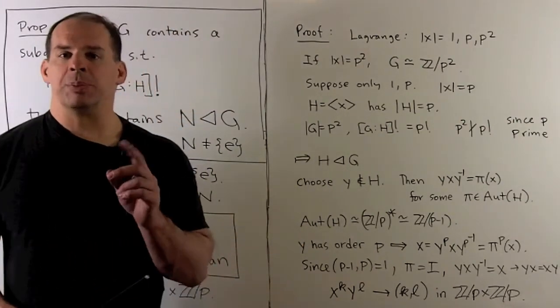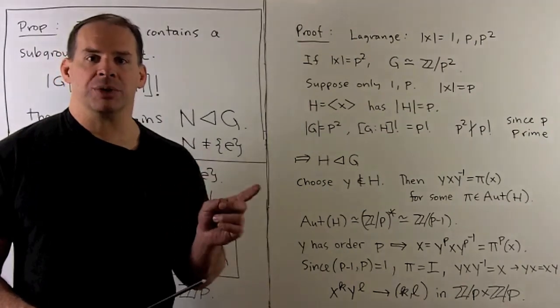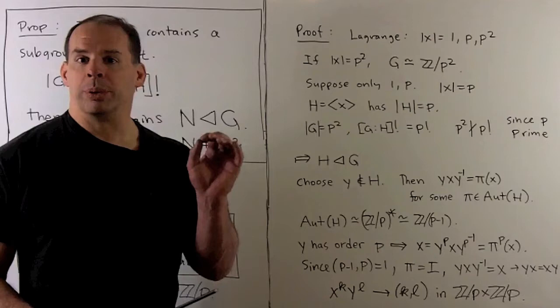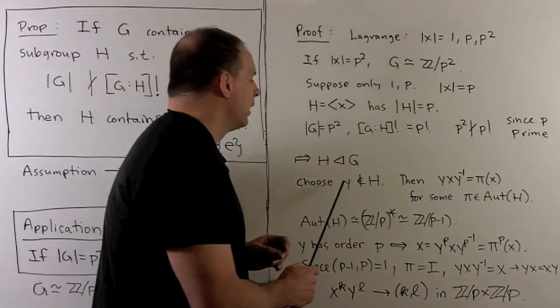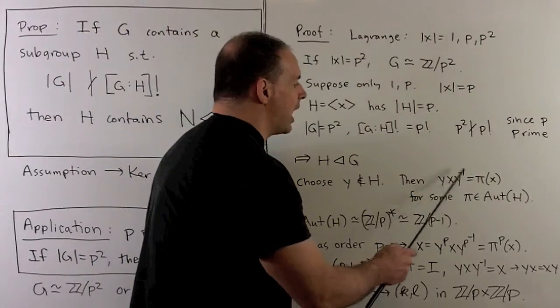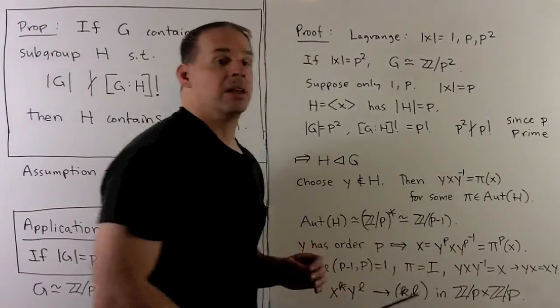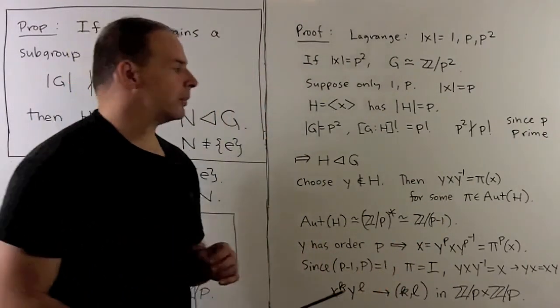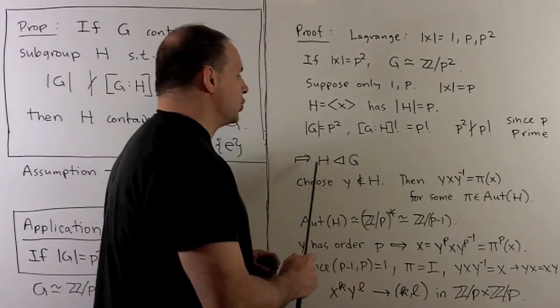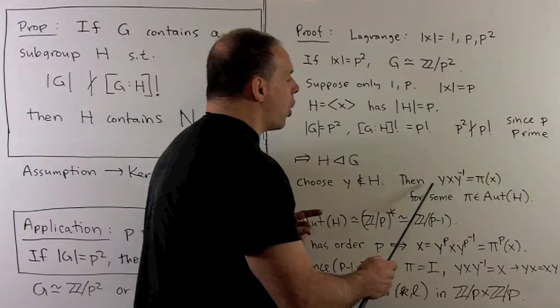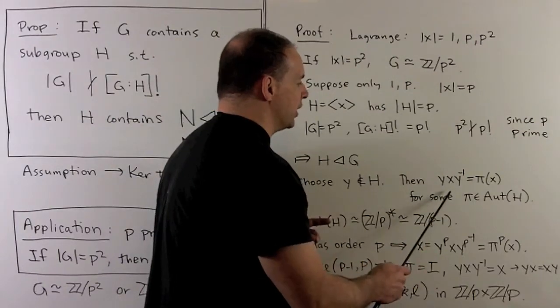Now, let's pick some Y that's not in H. Because the identity element is in H, Y has order P. If I consider, okay, we're going to conjugate X by Y. So here we're using the philosophy behind semi-direct products. Because H is normal, that means we're going to have an automorphism coming from this conjugation.